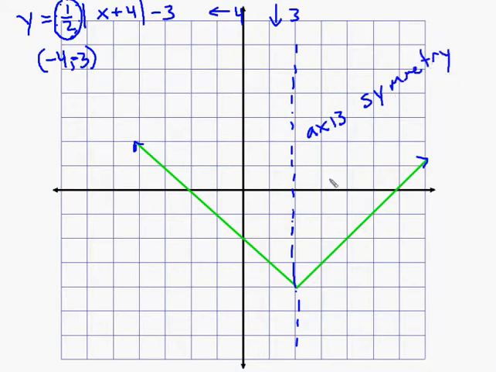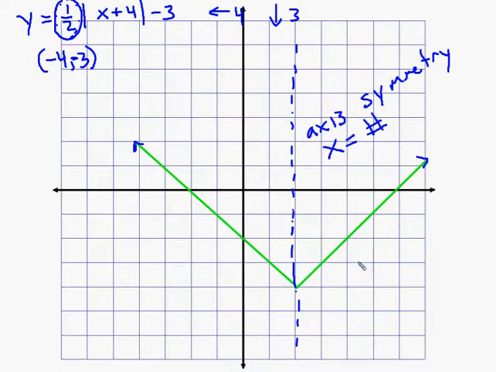Other graphs also have axes of symmetry. Other functions with an axis of symmetry, it's going to be down the middle, that concept. And it generally is going to be x equals some number.